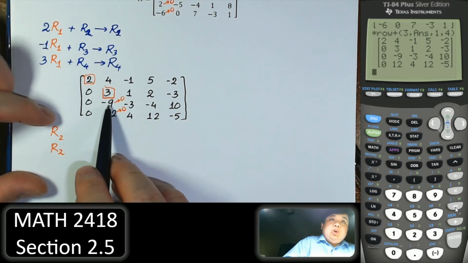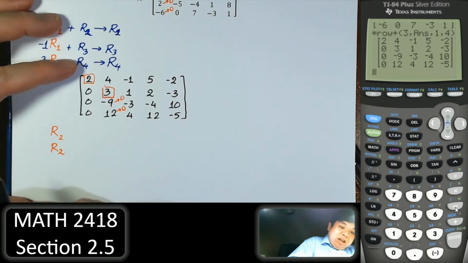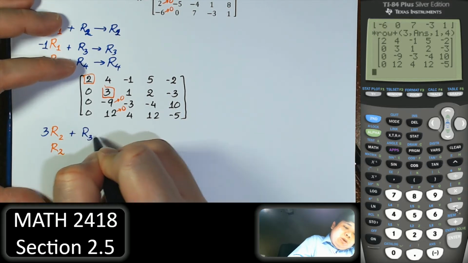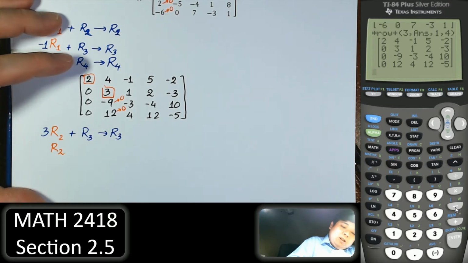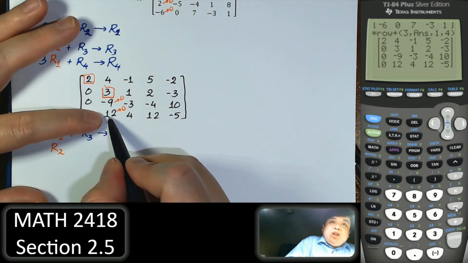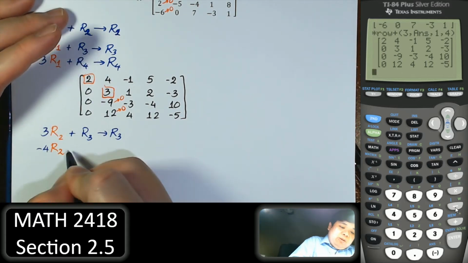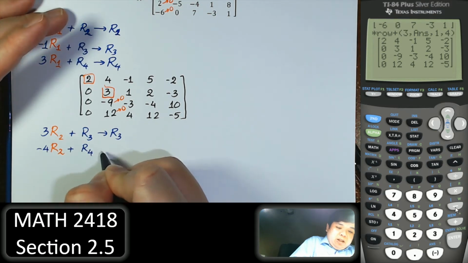To get to negative 9, we're going to multiply by 3, right? 3 times 3 is 9, minus 9 is 0. So we need 3, add and replace to row 3. Now we need 12. 3 times 4 is 12, but it has to be negative. So we use negative 4, add and replace the new row 4.